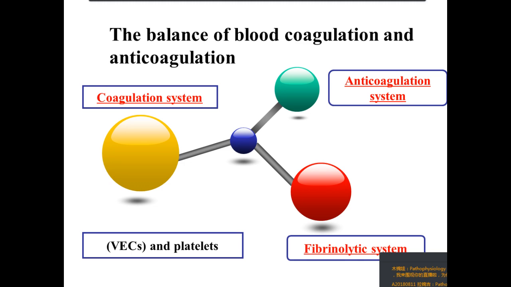Now, if the coagulation system is stimulated, at the same time the anticoagulation system is also stimulated. The anticoagulation system includes the cellular anticoagulation system and the body fluid anticoagulation system.